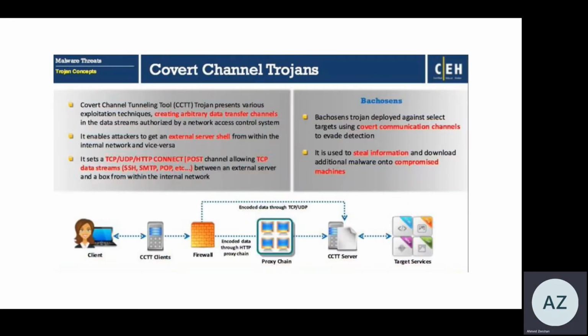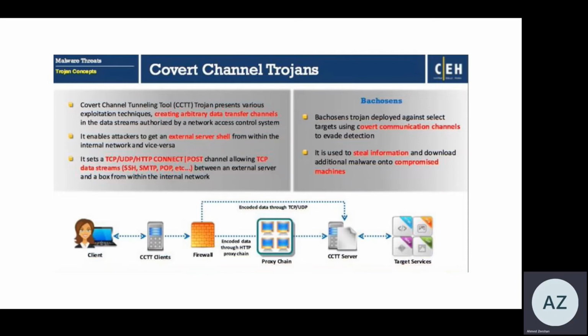Covert channel Trojans present various exploitation techniques, creating arbitrary data transfer channels in the data stream authorized by the network access control system. So that's how you can use this, because it's a covert channel tool, which is not going to expose the Trojan. All right.